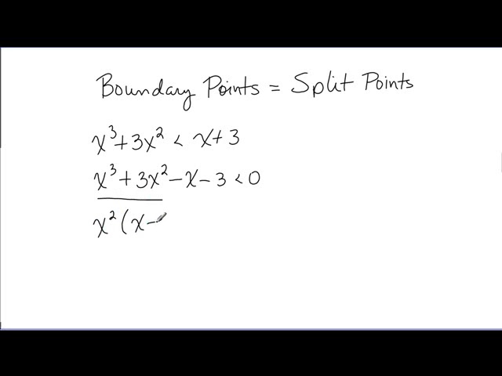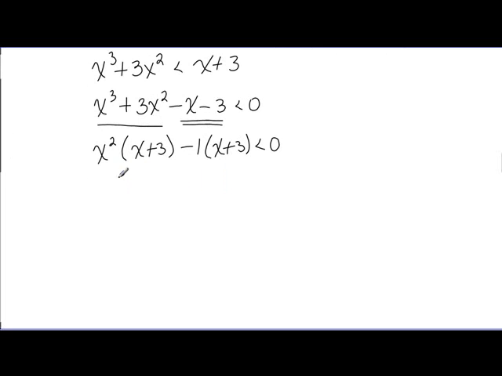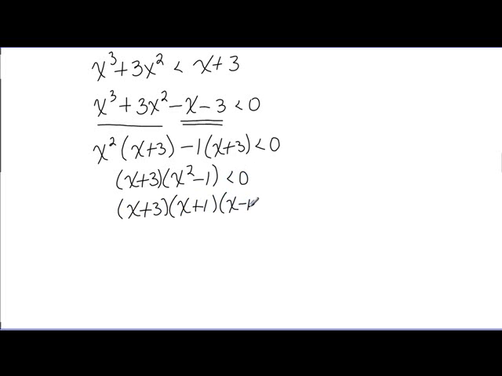I factor out a negative 1 out of those two terms, and x plus 3 would be left. So then x plus 3 factors out, leaving x squared minus 1. And x squared minus 1 factors to be x plus 1 times x minus 1 less than 0.